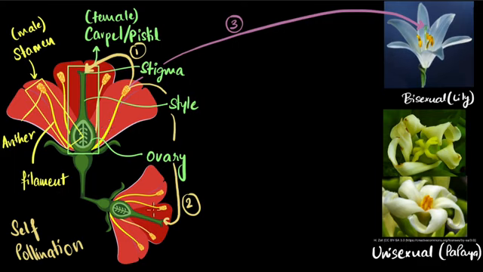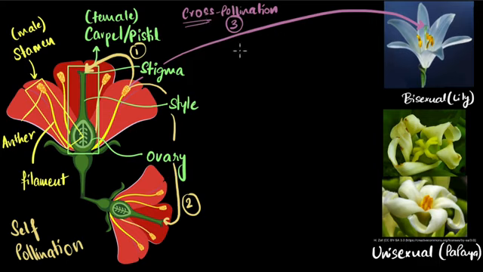Whatever it is, same plant. And in the third case, because it's happening between 2 different plants or 2 different trees, we will call this cross-pollination. Now, of course, cross does not mean across species. No. Same species, obviously. A lily flower has to pollinate with another lily flower only. The cross means it's across two different plants or two different trees.